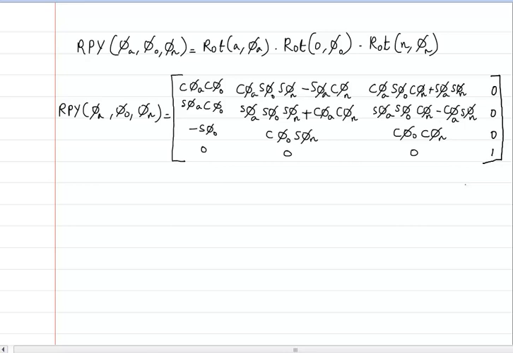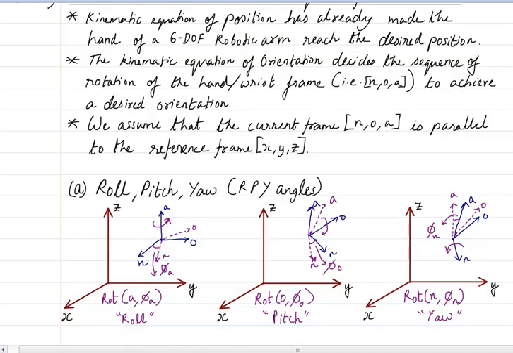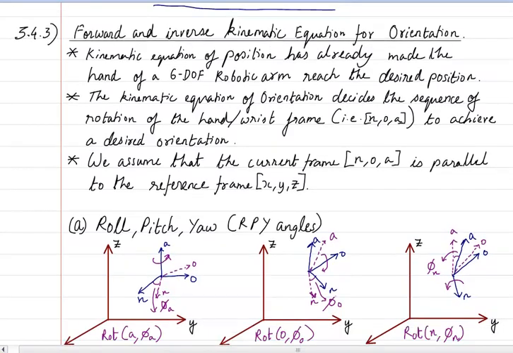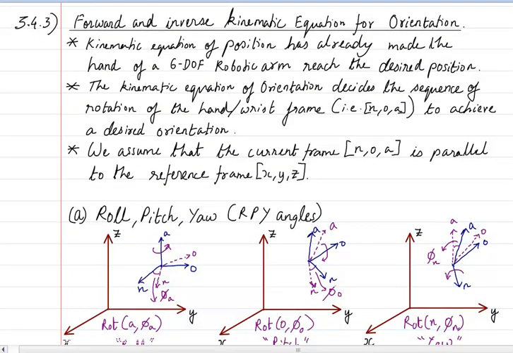So this is the RPY sequence or RPY angles, and as I have already told, you should not forget the sequence of rotation. First is roll, then pitch, then yaw, and we have to draw this diagram. So this is one of the methods in which we can orient the wrist at any particular angle.